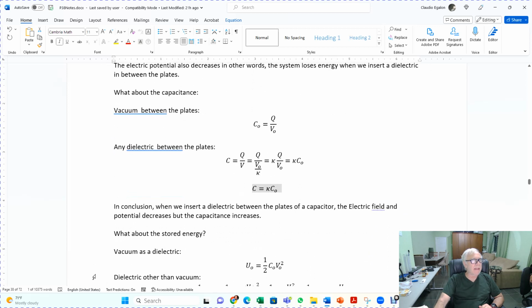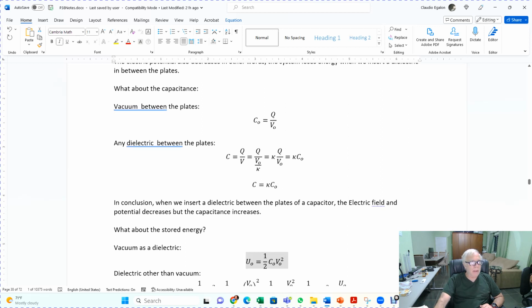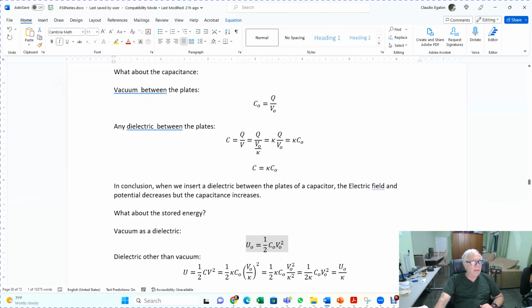What about the energy? What about the stored energy? We just go ahead and get the stored energy that we derived before, half C naught V naught squared, right? We are going to write the electric potential for our capacitor with a dielectric in between, half C V squared. C is going to be kappa C naught, and V is going to be V naught over kappa.